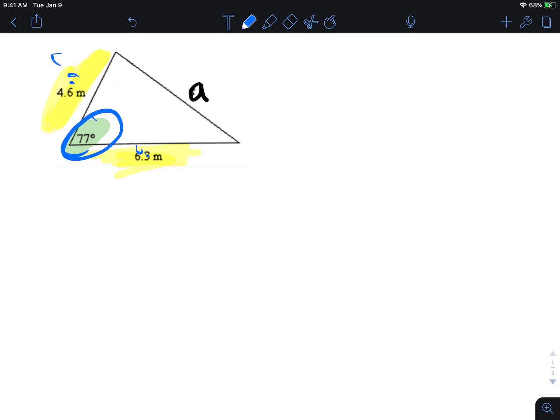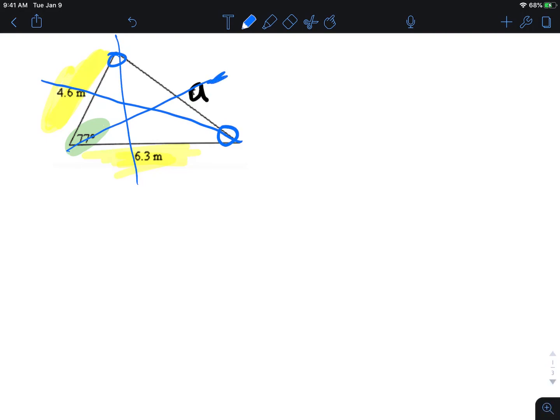You cannot use sine law for this question if you see this. Is there any combination across from one another that you know two things? No. I'm missing the angle here, I'm missing the angle here, and I'm missing the side length for this one. That's how I know I have to use cosine law. You see this contained angle.